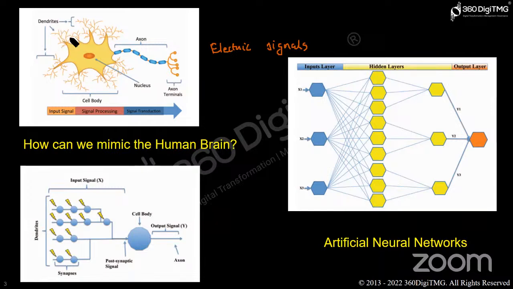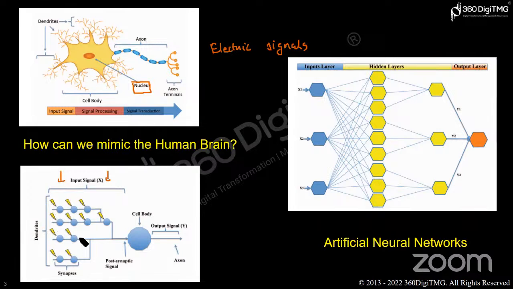All right. So this is what our neuron looks like. So you have these dendrites. These are the edges. These dendrites are connected to a cell. And these cells have a nucleus within it. Then you have these axons and the axon terminal. So what happens? Some input is given to the human body. That input in the form of electric signals is passed through various neurons.